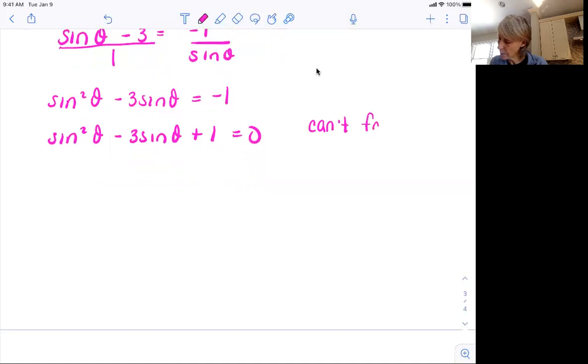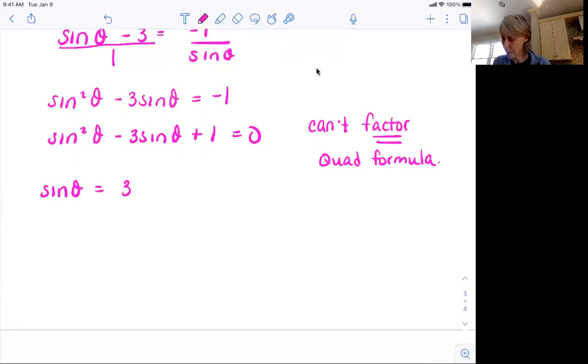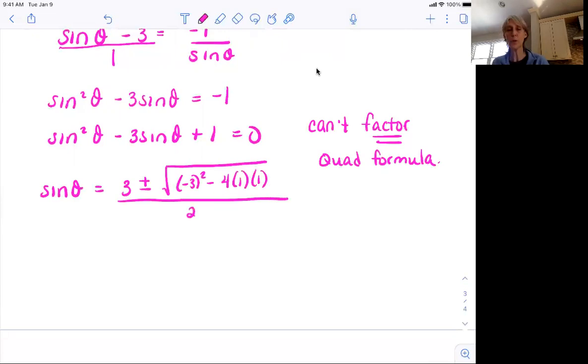And I don't think we've dealt with a problem like this in this unit yet. So what are we going to do when we can't factor? We have to remember our quadratic formula is a useful method to help us solve equations. So when we apply the quadratic formula, we get sine of theta, because that's our variable, equals -b plus or minus the square root of b squared minus 4ac, all over 2a.